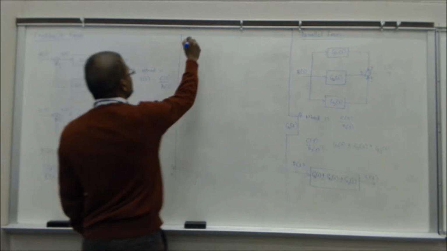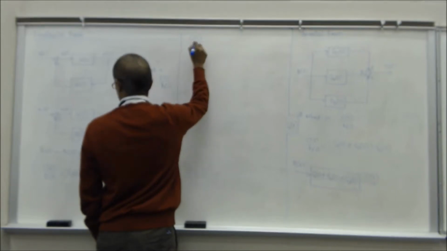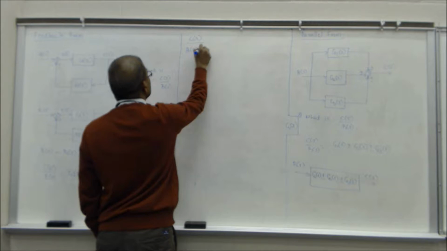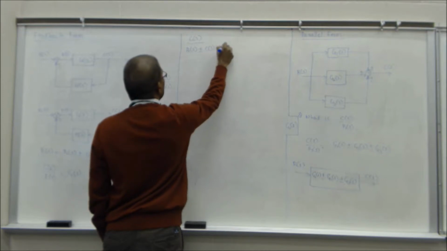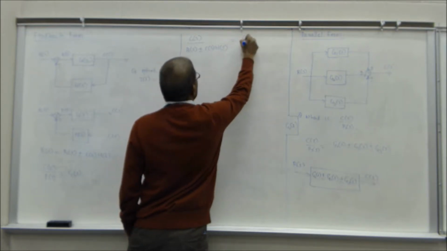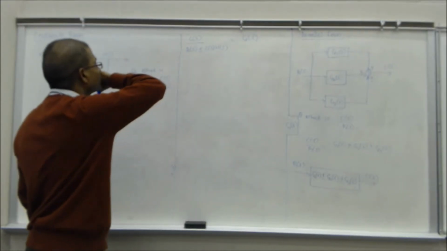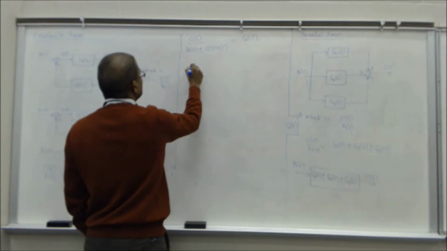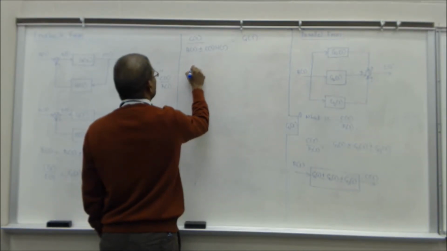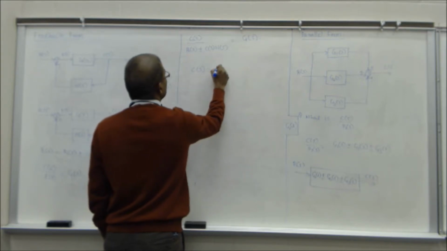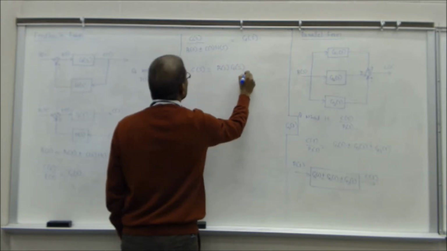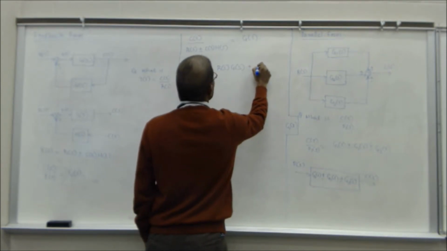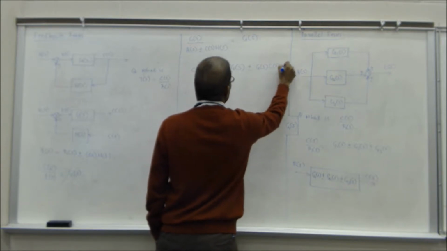So C of S over R of S plus or minus C of S H of S is equal to G of S. And if I do that, I'm going to get C of S is equal to R of S G of S plus or minus G of S C of S H of S.